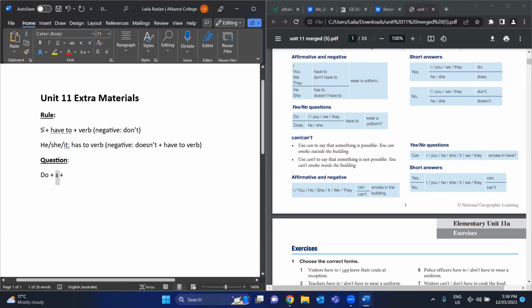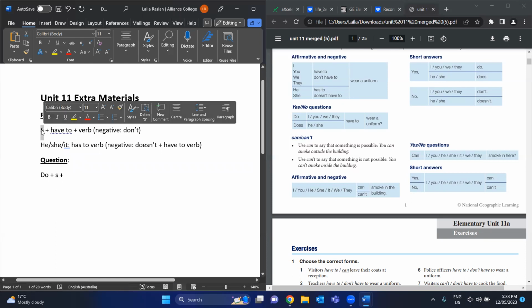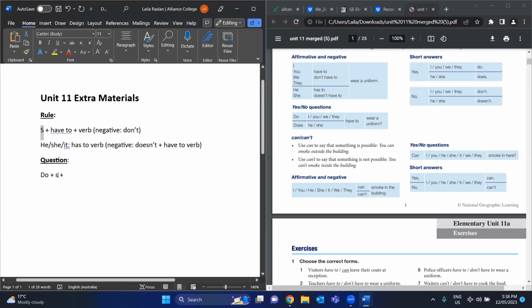In the original sentence, when we just make a statement, it's I, you, but in a question, it's do, you, have to, verb. Do you have to work tomorrow? Except for he, she, it. That's the only ones we ever see where it changes.